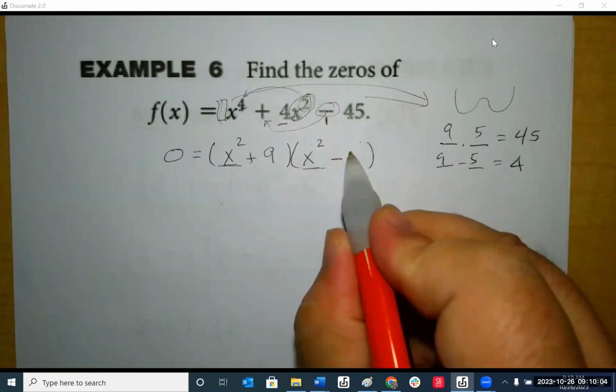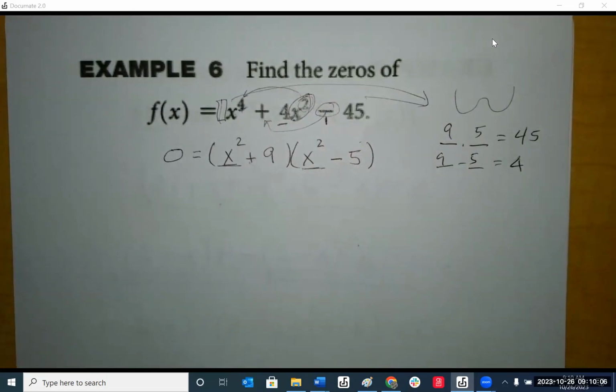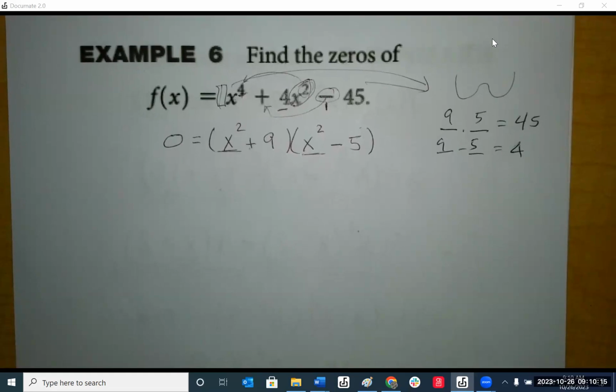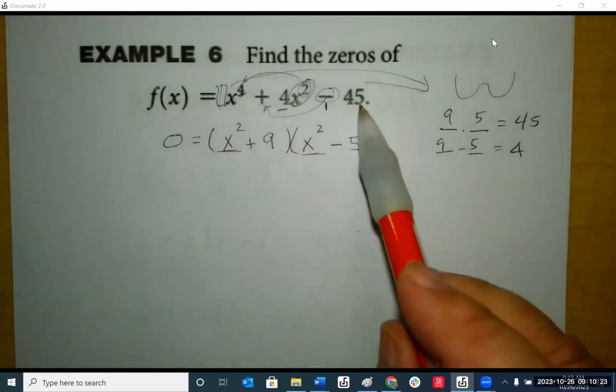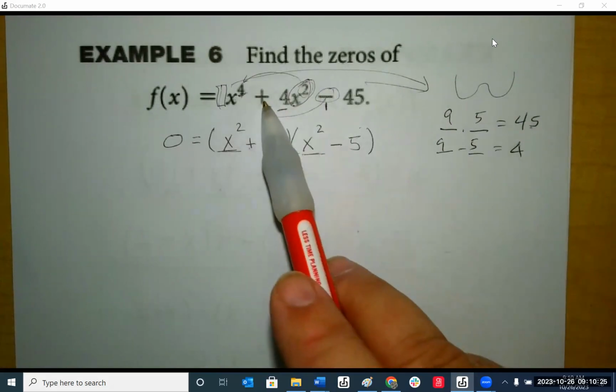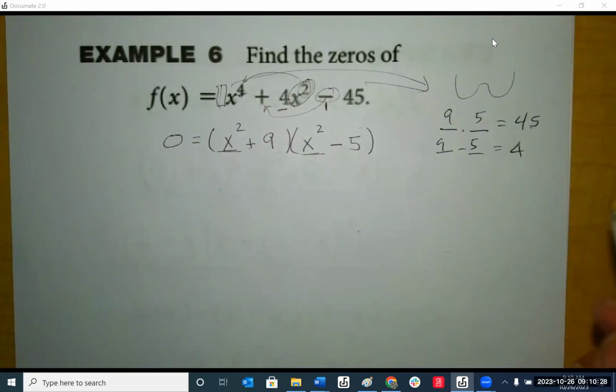So 9 goes there, 5 goes there. Again, as we did in chapter 2, this is the hardest part, to figure out what two numbers multiply to give you the 45 and, when you subtract them, give you the 4. That's the hardest part.